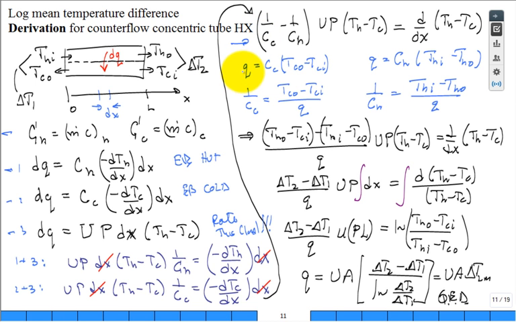You recall from an overall energy balance that the overall Q is this, overall Q is that. You take a look and you say, well, then I can replace 1 over the heat capacity rate of the cold by this ratio, and 1 over the heat capacity rate of the hot by this, put them in here.